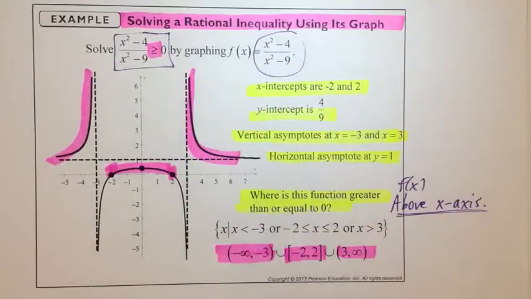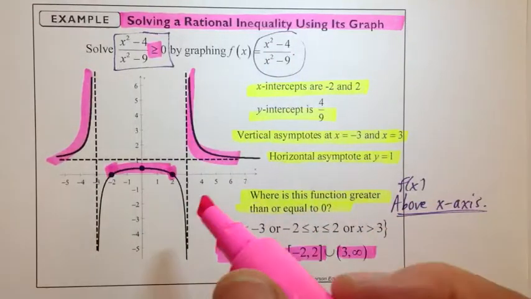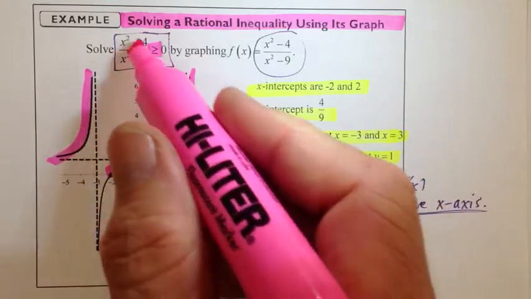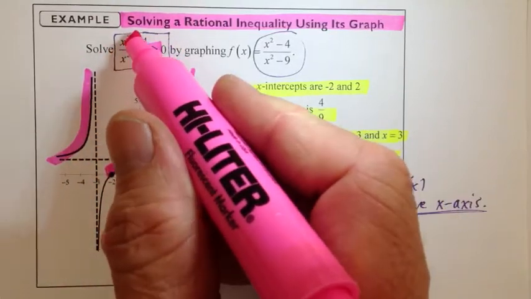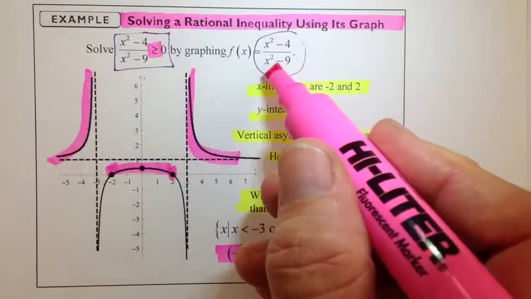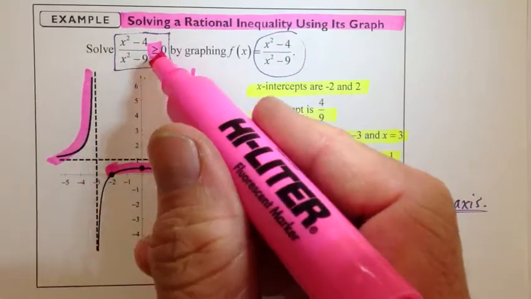So we have a graph, and then we have to do a little bit more: solve the inequality. Notice that we have this inequality right here, where we have a function's values. We want to know when those values are greater than or equal to 0.